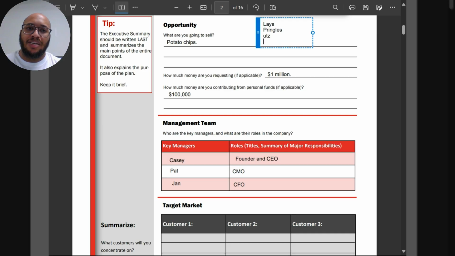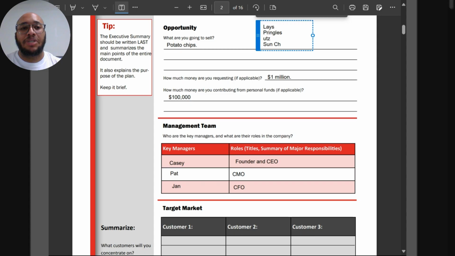You have brands like, what is it, Sun Chip. You have all of these different brands that are owned by bigger companies that have billions of dollars to spend on marketing, and they have billions of dollars to spend on customer acquisition, and they can pay for TV time, and they can pay for social media, and they have all these connections.